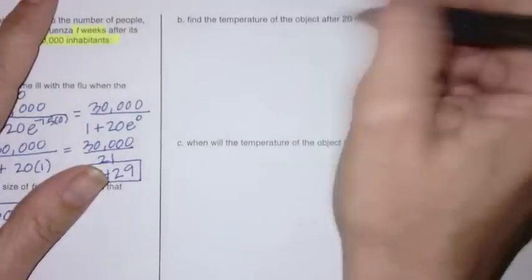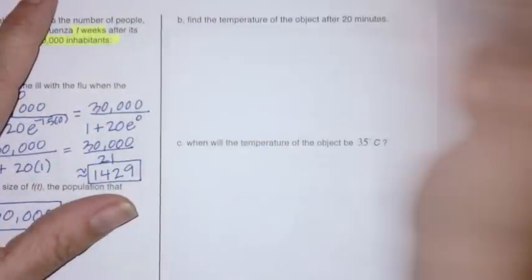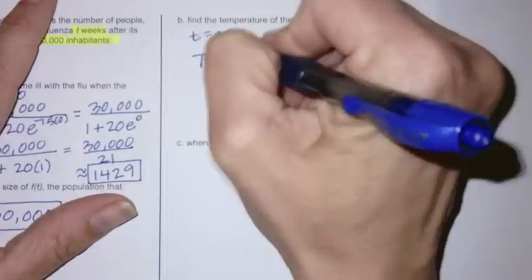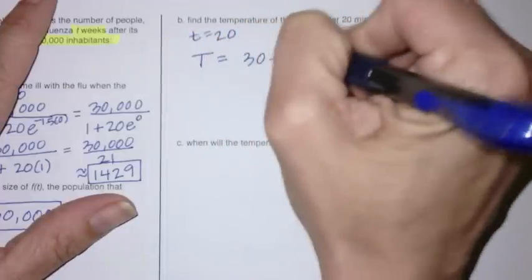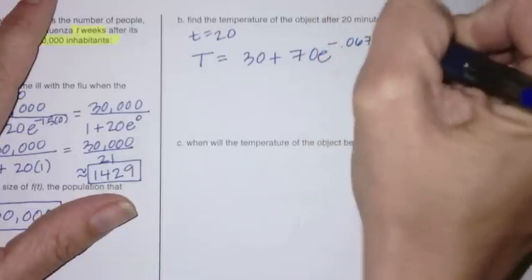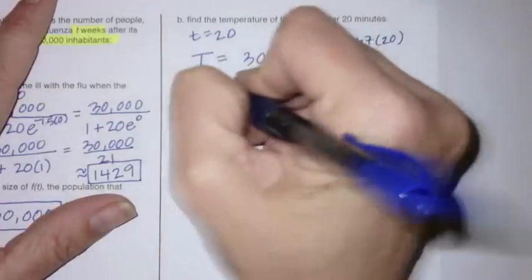Find the temperature of the object after 20 minutes. So t equals 20. We can take that nice little model that we just made and plug in 20. And then this one doesn't even require a logarithm.